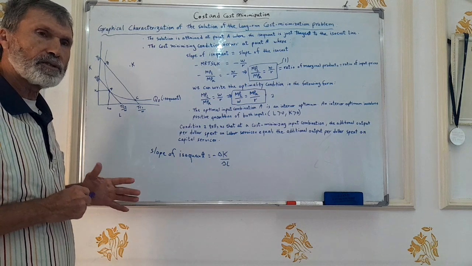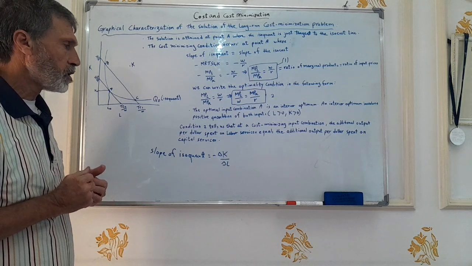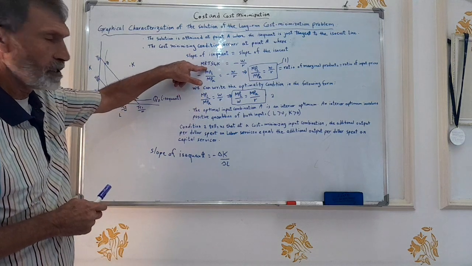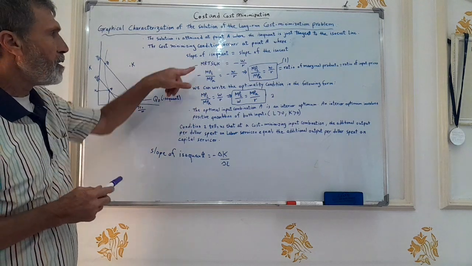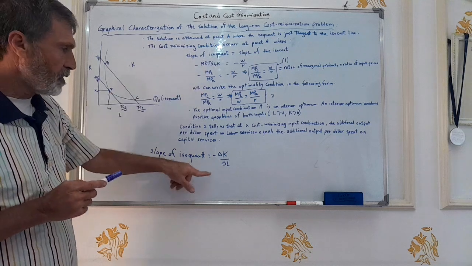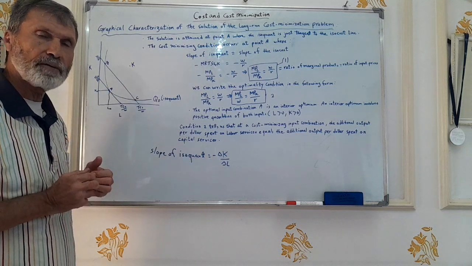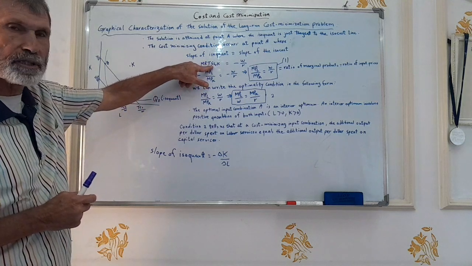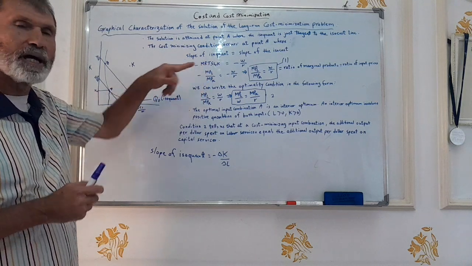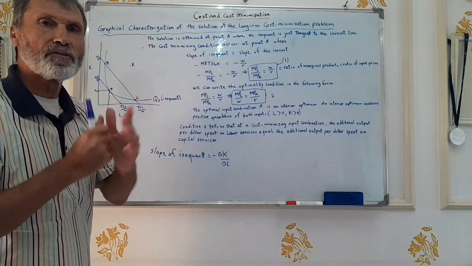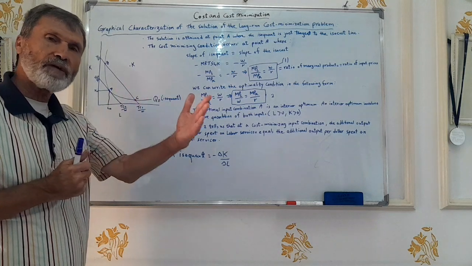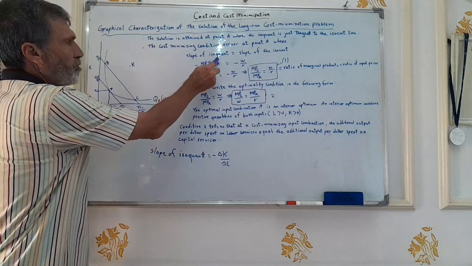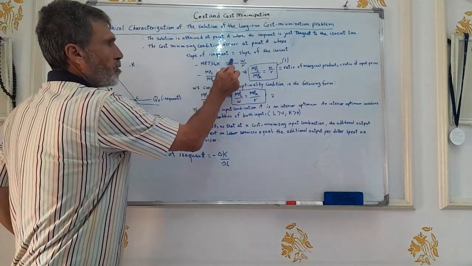The negative of the slope of the isoquant is the marginal rate of technical substitution, as you can see over here. So the marginal rate of technical substitution is equal to the ratio of the marginal productivities of labor and capital. Now, the slope of the isoquant is equal to the slope of the isocost.